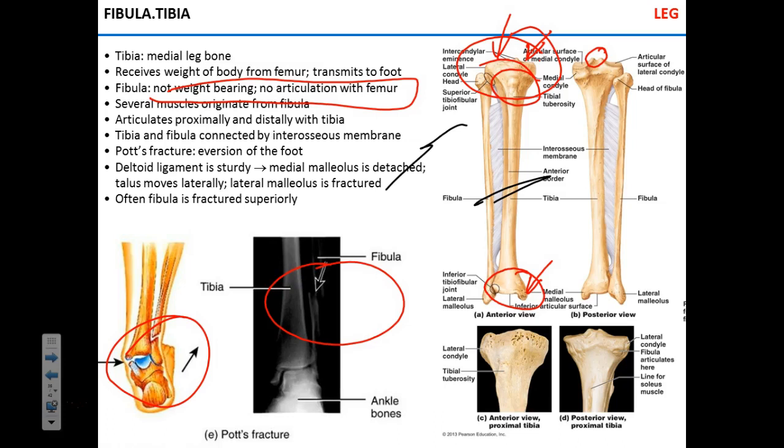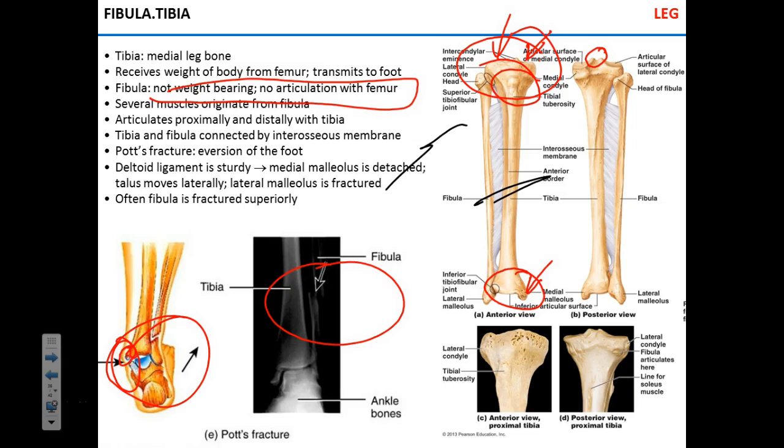That's eversion. So when foot gets everted, the deltoid ligament that I mentioned is very sturdy. You can see the deltoid ligament part of it right here. Since it's sturdy and hard to break, instead of ripping the ligament, you rip off medial malleolus often.